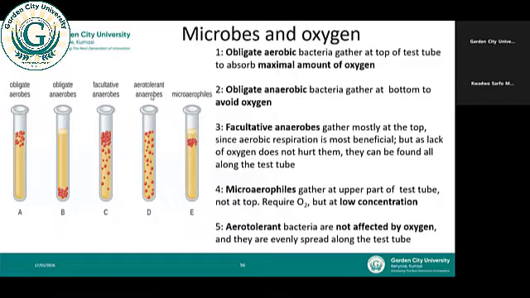Aerotolerant anaerobes are able to live in the presence of oxygen, but they use anaerobic respiration, unlike the obligate anaerobes, where they will move to the base. I hope it's clear.